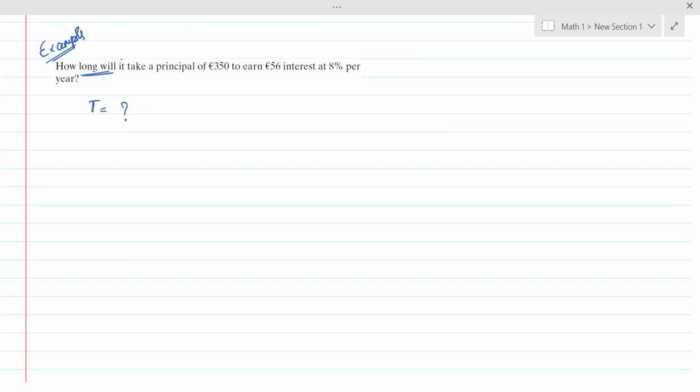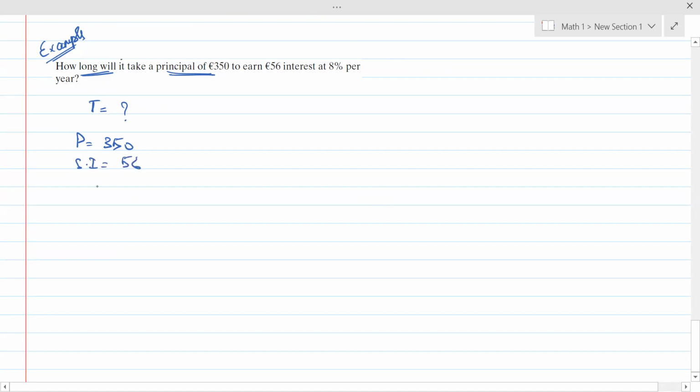Principal is given, which is 350, to earn 56 euros interest. So 56 euros is the simple interest given to us, at 8% per year. R is equal to 8%.